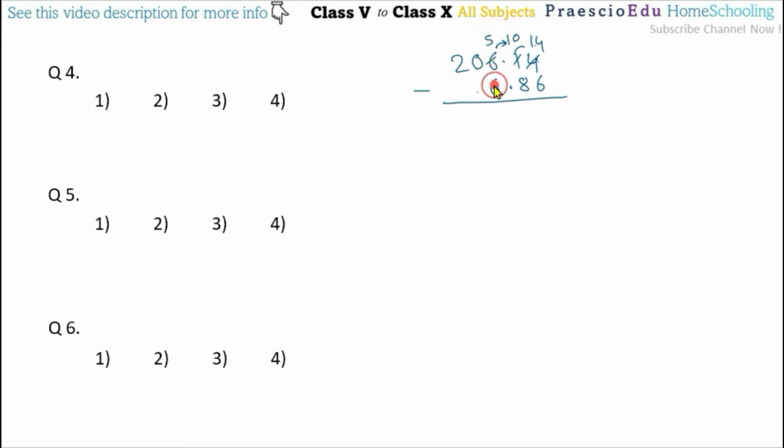But 5 minus 6 is not possible, so this will become 9 after borrowing 10, and this will reduce to 1. So 14 minus 6 is 8, then 10 minus 8 is 2, and the decimal point as it is. Now this will be 15, so 15 minus 6 is 9, then 9 as it is, and 1 as it is. So 199.28, and this is given in option number 4.